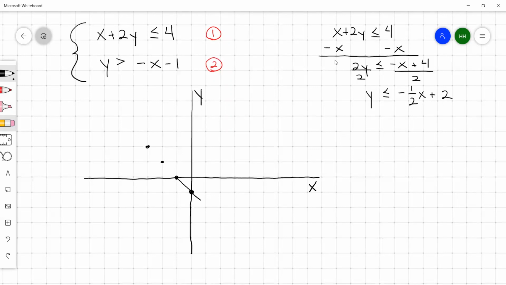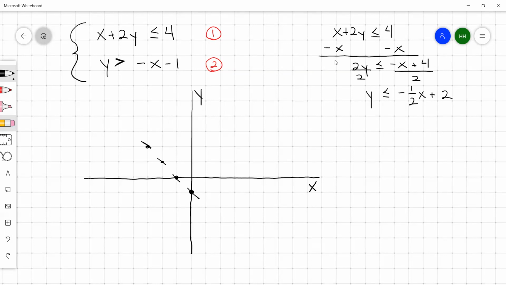So let's see. Now, you see how this symbol is just greater than, and it's not greater than or equal to? That makes it a dashed line. This is hard for me to draw. It's not a solid line.